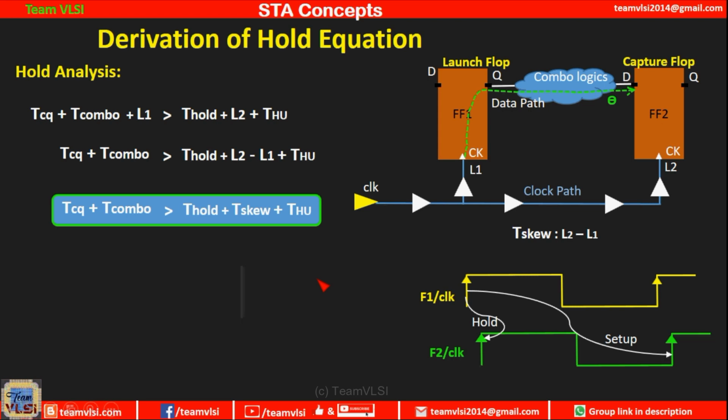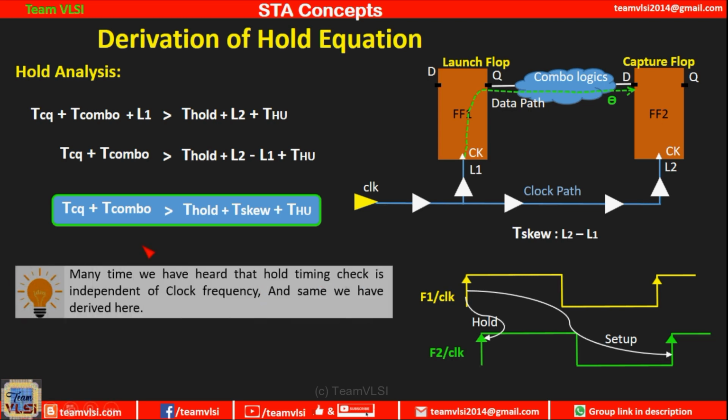Here I have an insight. Many times we have heard that hold timing check is independent of the clock frequency, and the same we have derived here. You can see there is no appearance of T clock, that is the clock period, so we can say that hold analysis is independent of clock period.